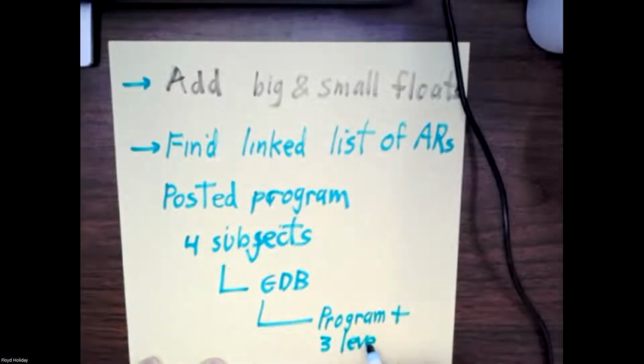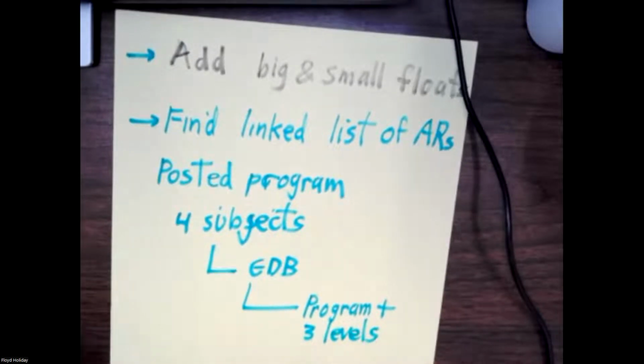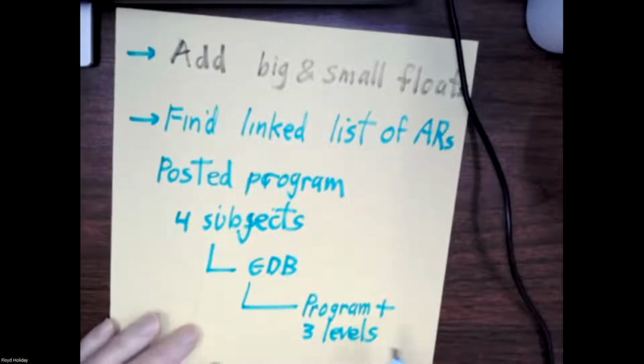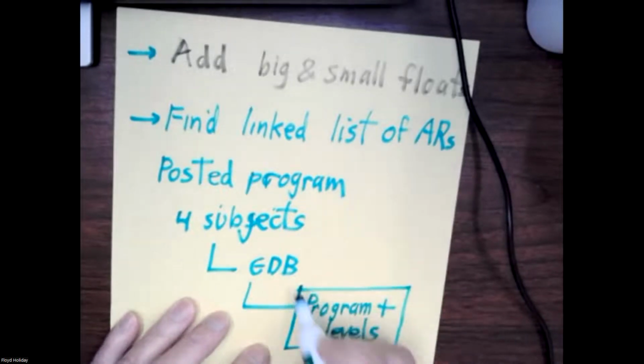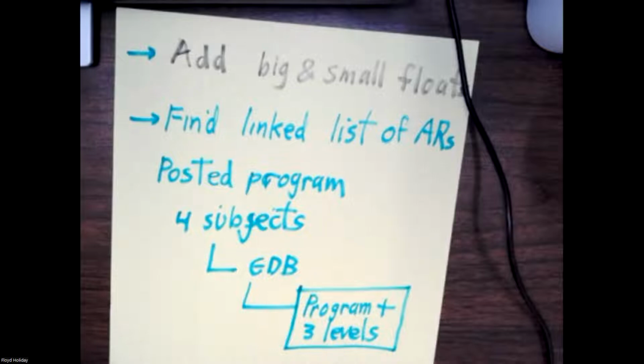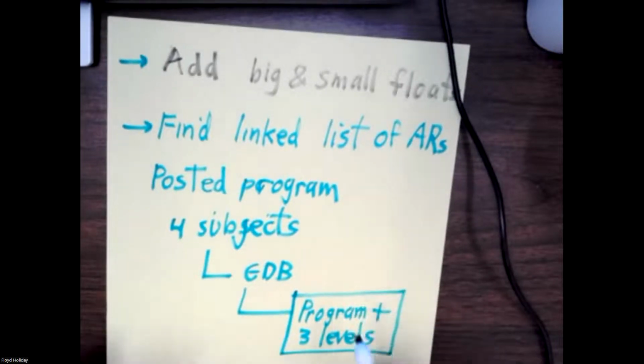That's it. The 3 levels means main function calls first level calls second level calls third level. That's all it means. So if you want to practice for the concept question, there's a pre-made program.